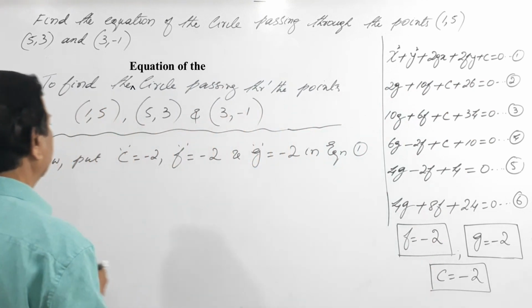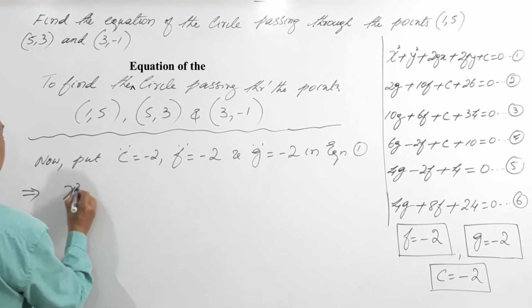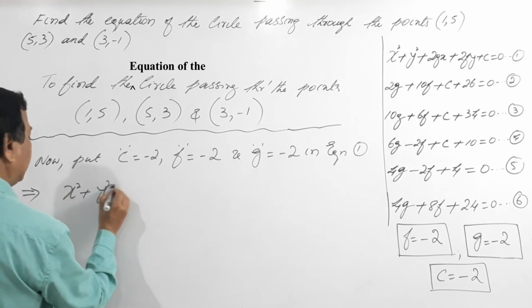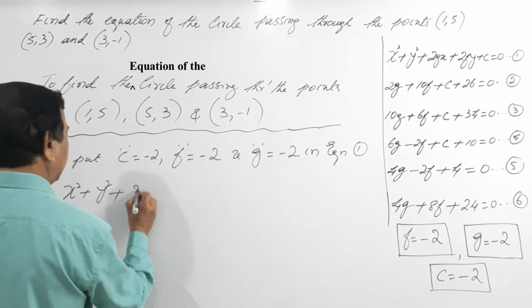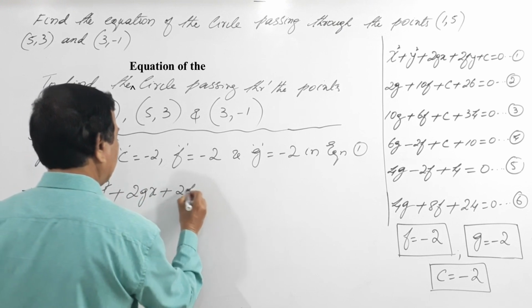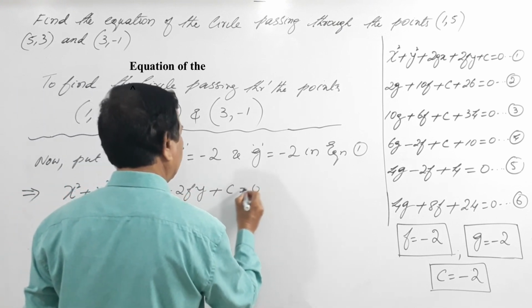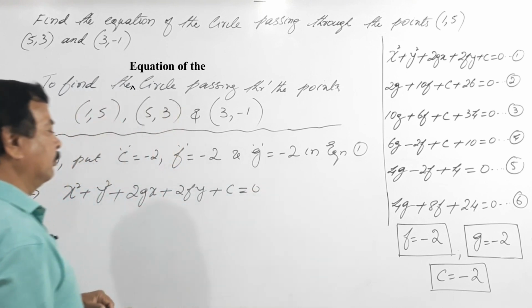What happens? That is x square plus y square plus 2gx plus 2fy plus c equals 0.